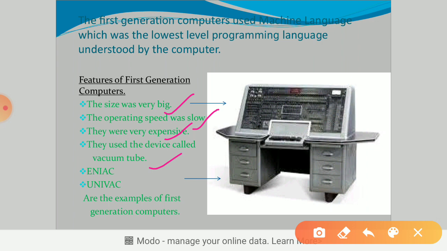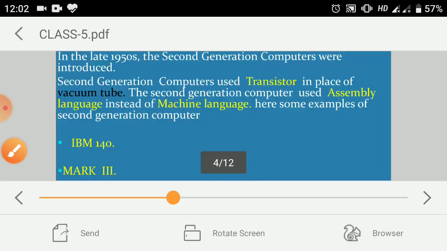First generation computers were very large, expensive and required a huge amount of electricity. So what were the drawbacks of the first generation computers? They produced a lot of heat, they were not reliable, and they used machine language, which is a low level programming language.